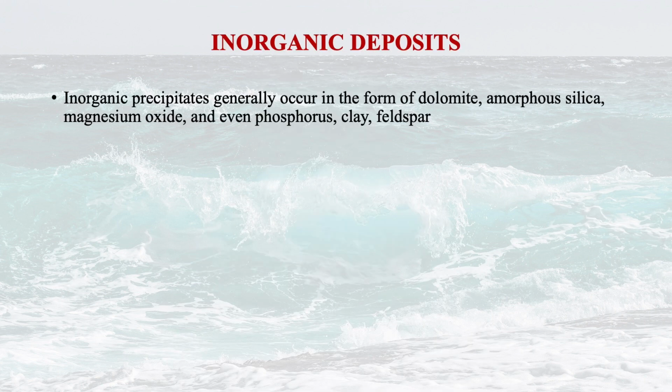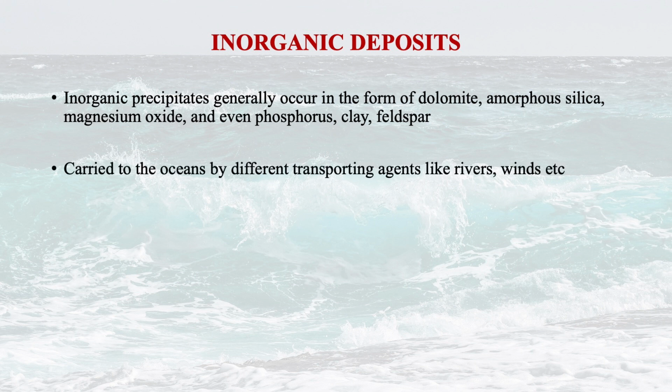Now, what are inorganic deposits? Inorganic deposits occur in the form of inorganic precipitates, and they are dolomite, amorphous silica, magnesium oxide, and even phosphorus, clay, feldspar, etc. You must have studied the different agents of erosion when you studied the block on lithosphere.